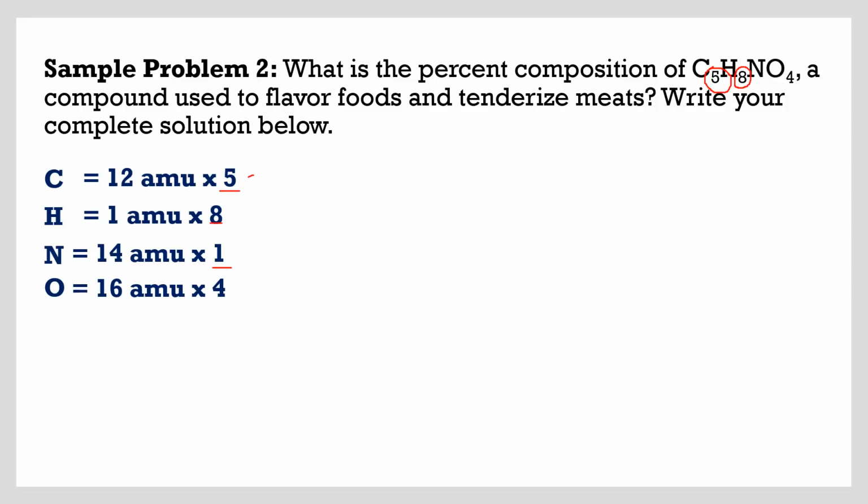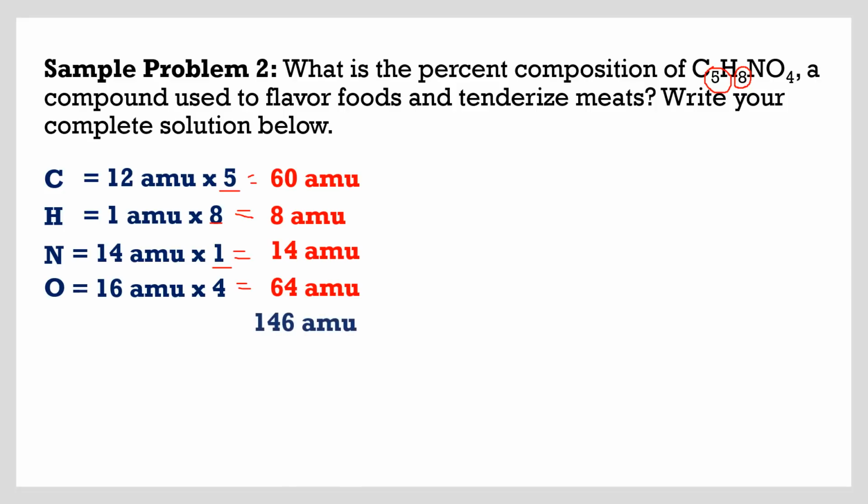So 12 times 5 is 60. 1 times 8 is 8. 14 times 1 is 14. And 16 times 4 is 64. Then add 60 plus 8 plus 14 plus 64, which is equal to 146 atomic mass units. Again, this is your molecular mass, or MM.